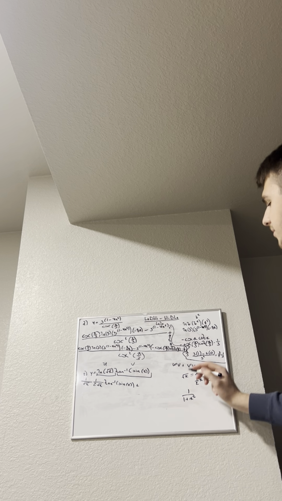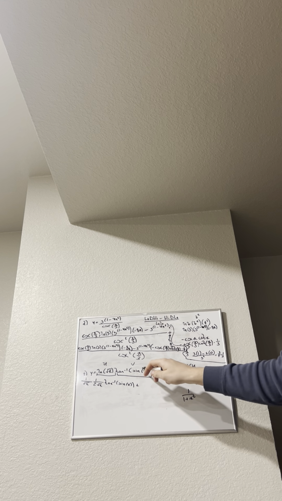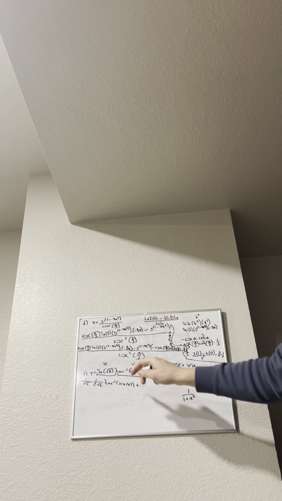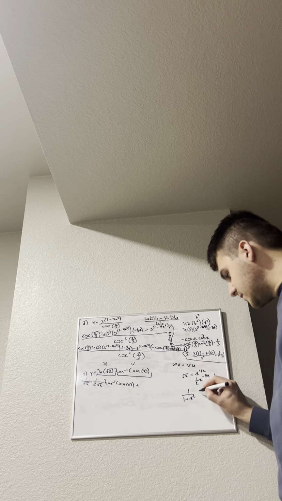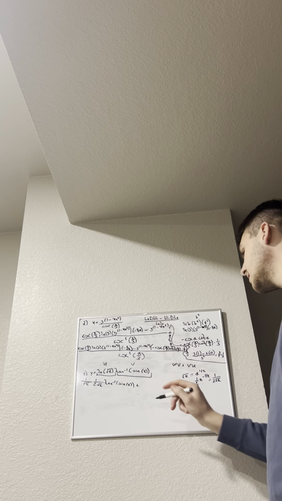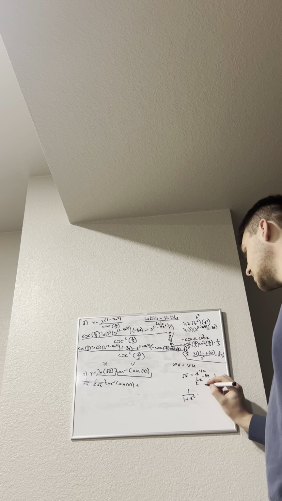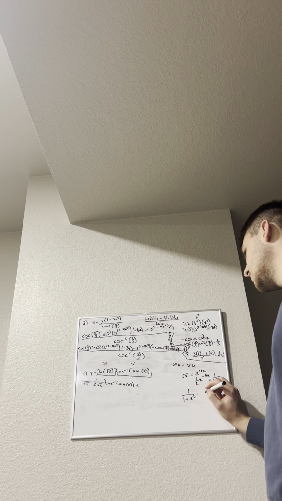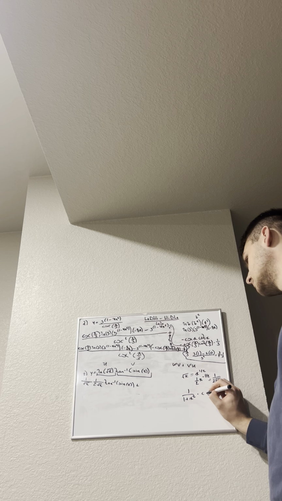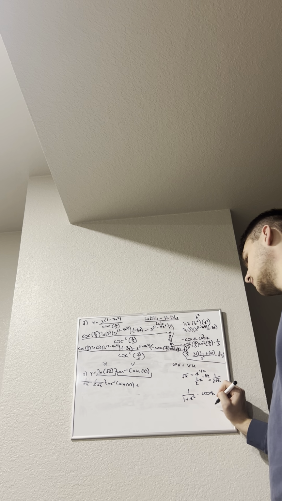But keep in mind, since we have another function inside of the trig, we have to use the chain rule. So we found the derivative of the trig, and now we multiply that by the derivative of the inside function, which should give you cosine of x. Yeah, that should be the derivative of v.